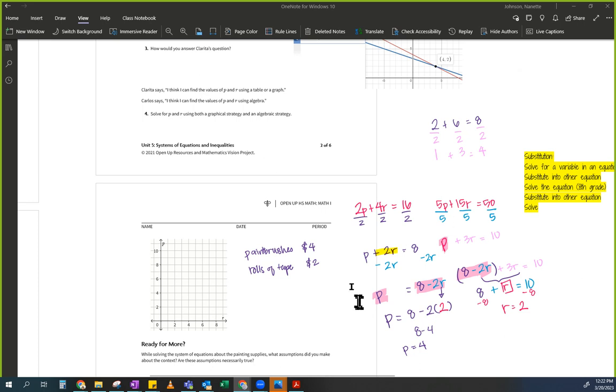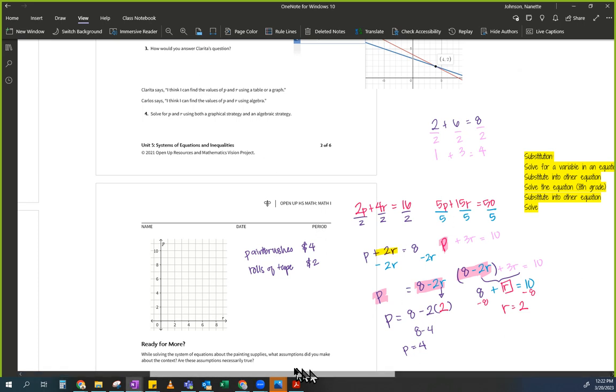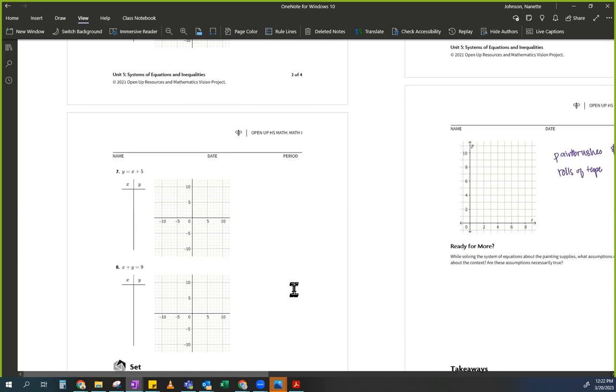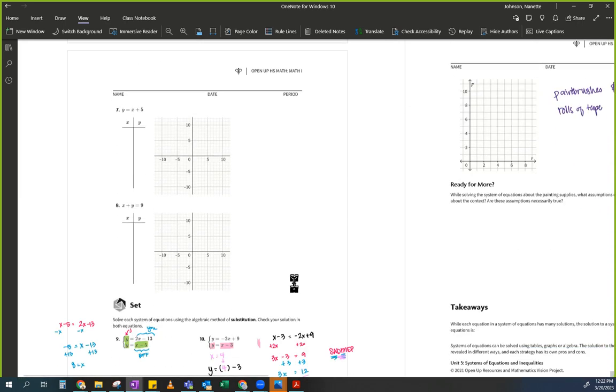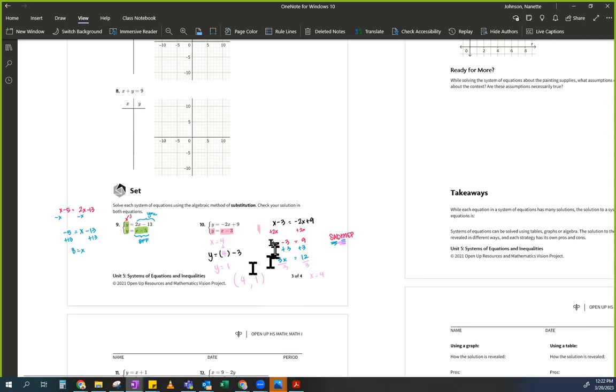And the other one is what we did over here, where both of them were solved for y and we set them equal to each other. This one here. Both of those are legit ways for you to work. Okay. All right.